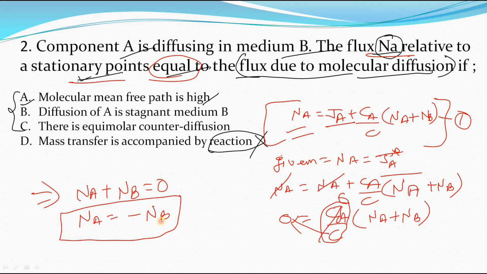This is the condition when the flux Na relative to a stationary point is equal to the flux due to molecular diffusion when A is diffusing in medium B. In this case Na is equal to minus Nb, which means there is equimolar counter diffusion, meaning the molecular diffusion is the same but in the opposite direction, right? So option C will be right. There is equimolar counter diffusion, meaning opposite direction, right? So this will be the answer of the second question.